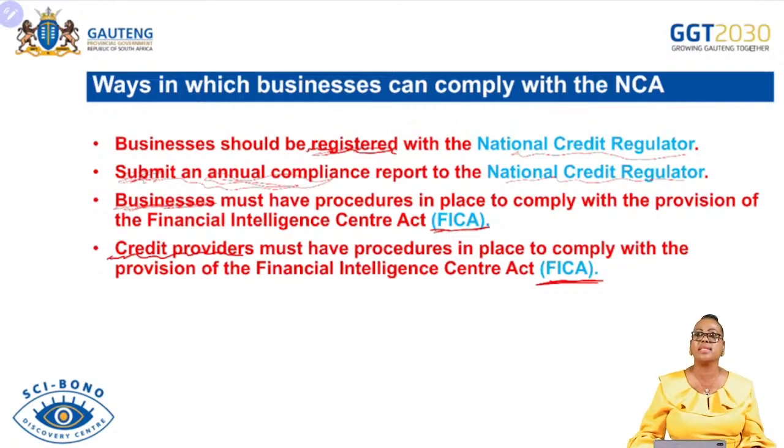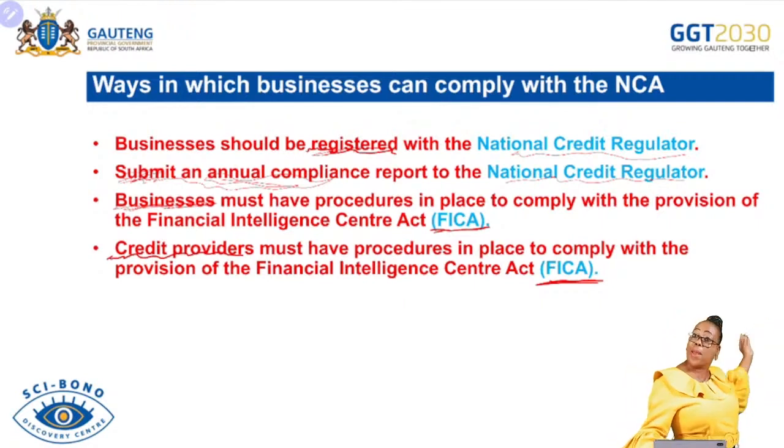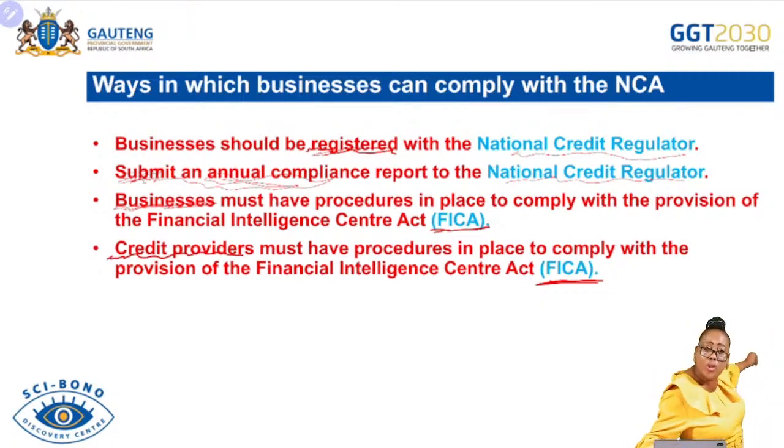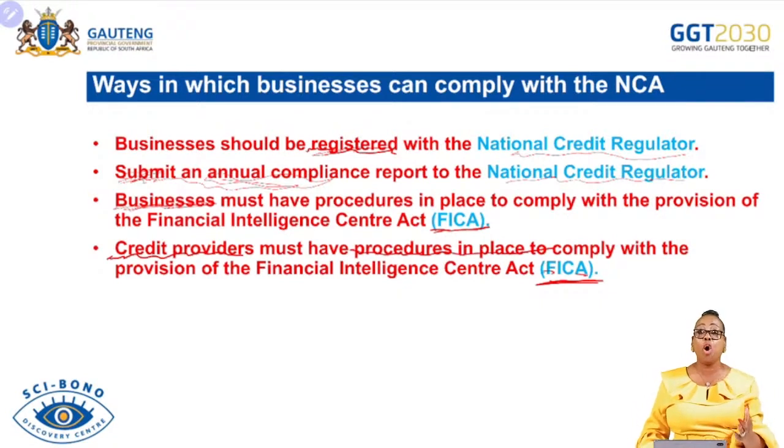So it's evidence. But remember that I said also, Mahlobo is also buying from his own suppliers. So as a business, Mahlobo needs also to buy from its suppliers on credit. Those suppliers also need to have this FICA. They also have got to have their own procedures in place. So FICA speaks to two things: submission or indication of their systems by the business.